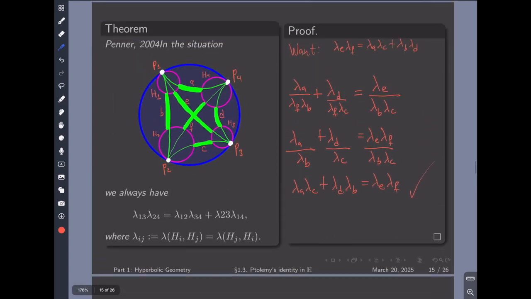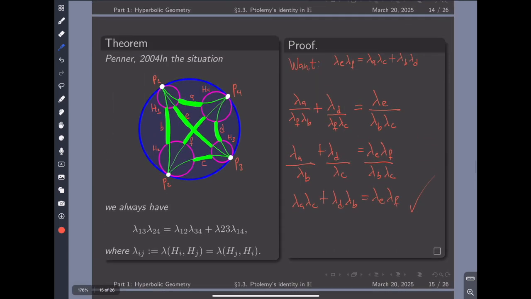So is this in any way related to Plucker relations? This looks like a Plucker relation. It is a Plucker relation, yeah.